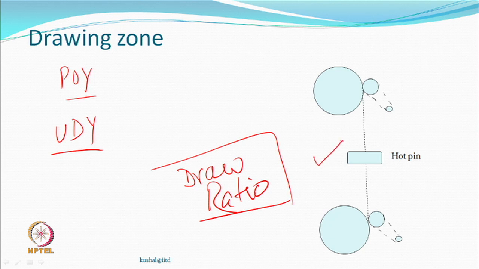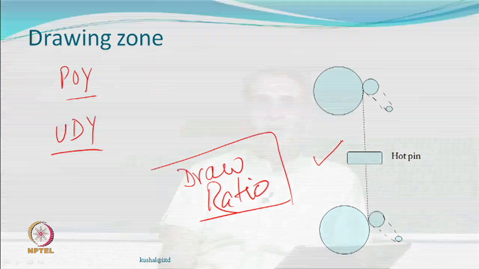It is written somewhere, there is a hot pin. What it means is that in case you have materials like polyester which need to be drawn at a temperature higher than room temperature, you take it over those hot pins. So, temperature will rise and you will be able to do the drawing more effectively.